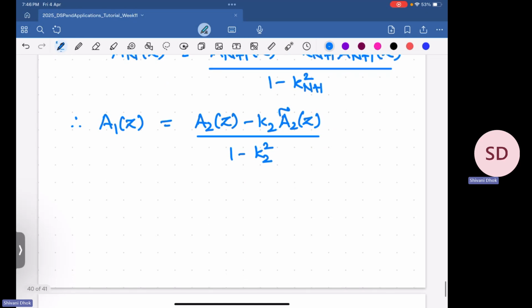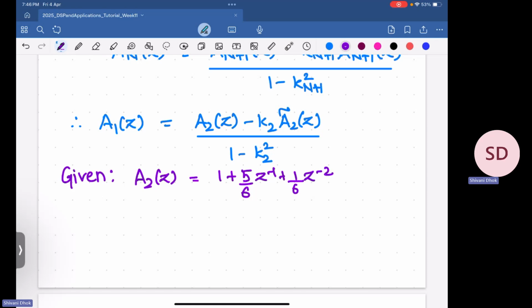Now we are given A2 of z as 1 plus 5 by 6 z inverse plus 1 by 6 z to the power minus 2. So this A2 tilde of z is simply the reverse polynomial, so we have z to the power minus 2 plus 5 by 6 z inverse plus 1 by 6. I will substitute these two things in our A1 equation.